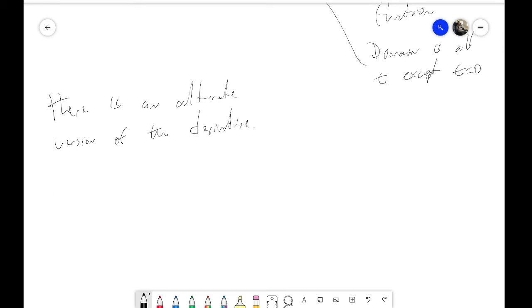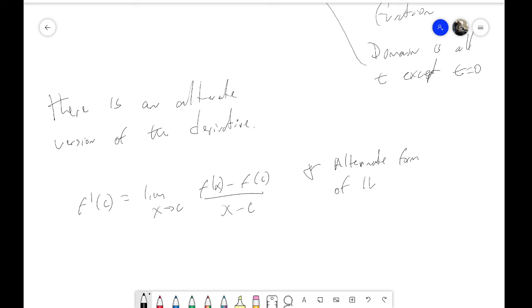The version that I'm talking about is the following. It is f prime of c is equal to the limit as x goes to c of f of x minus f of c divided by x minus c. So this is what you sometimes see referred to as the alternate form of the derivative.